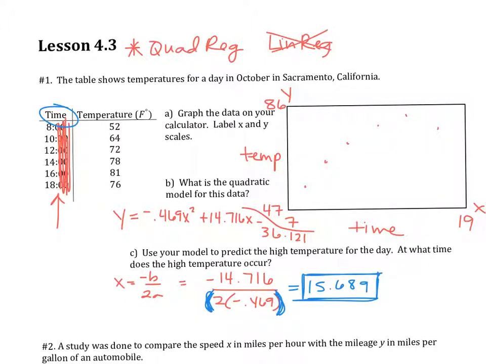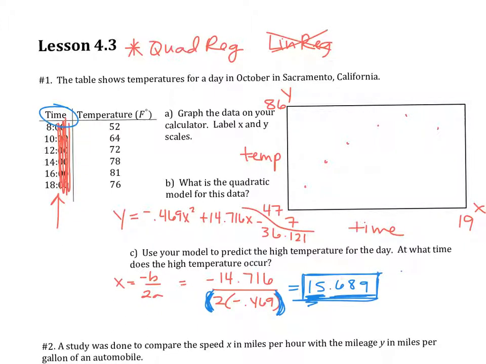Okay, here's what we're doing. This is 1,500 hours, but 0.689 does not make sense for military time, right? So what we're gonna do is take that 0.689. Hours are in how many minutes? 60.